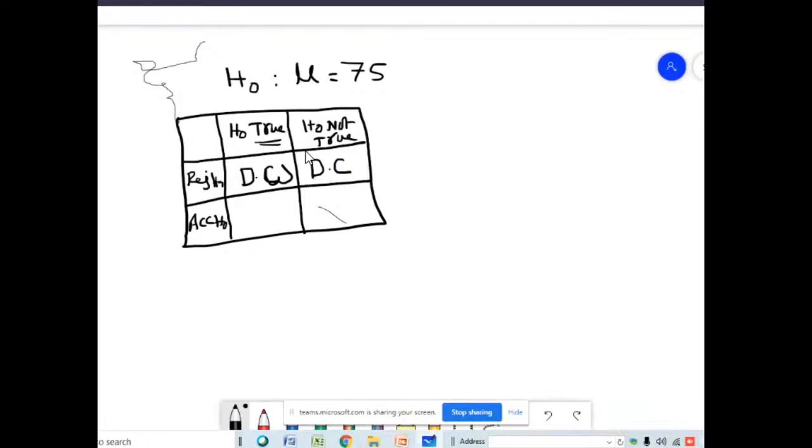And if the statement is true and we accept the statement, whatever decision we are taking is correct. Suppose H naught is not true, and you have accepted the statement, the decision you are taking is also not correct. So the decision is not correct in two situations.